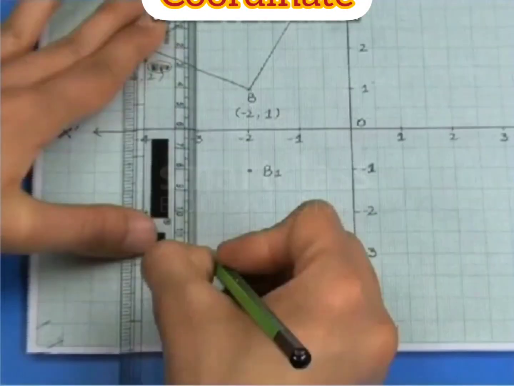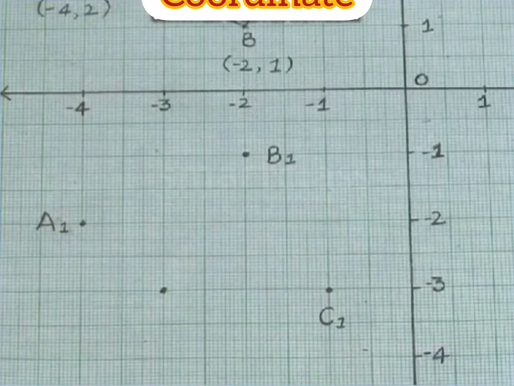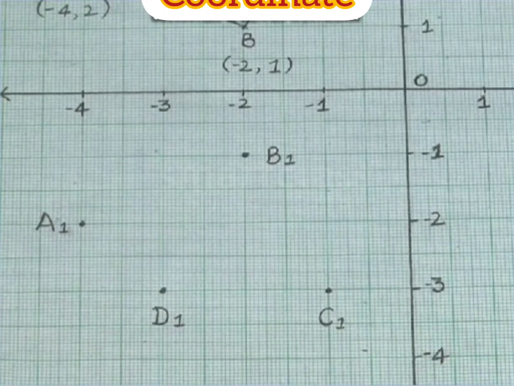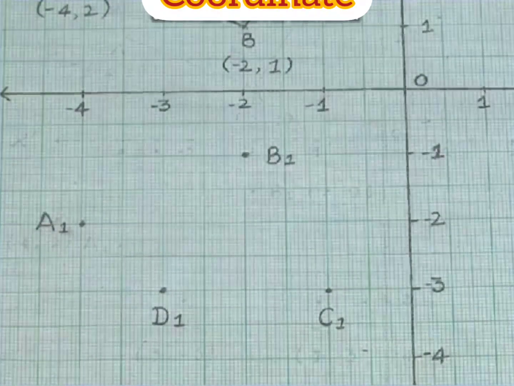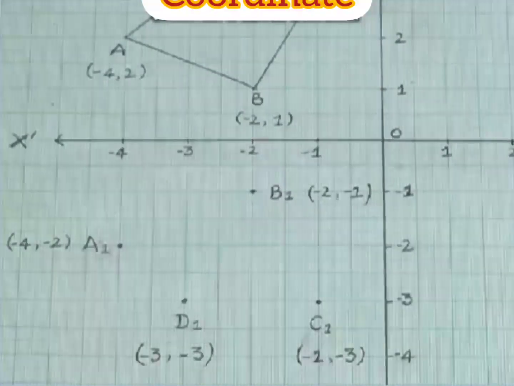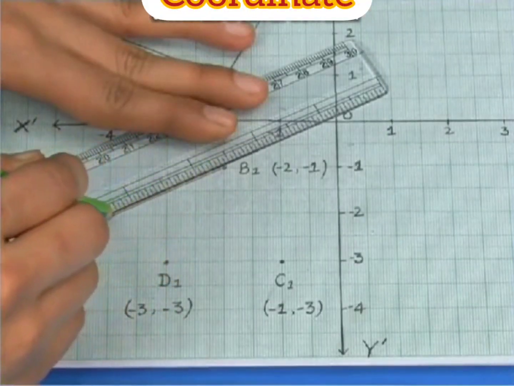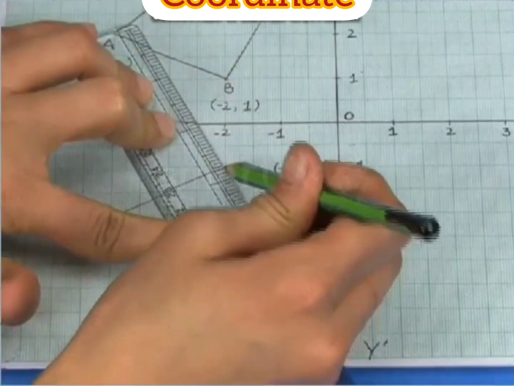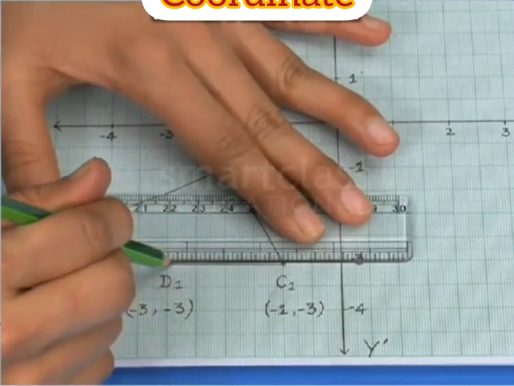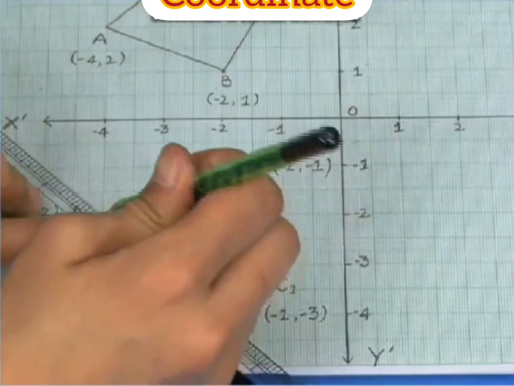Likewise, draw the mirror image of point D with respect to the x-axis and name it D1. Label the coordinates of points A1, B1, C1, D1. Join A1B1, B1C1, C1D1 and D1A1.